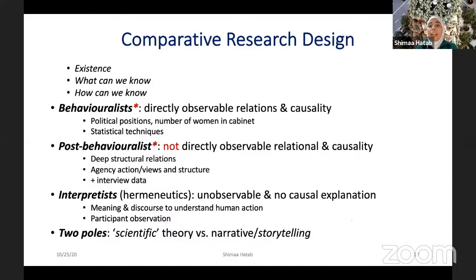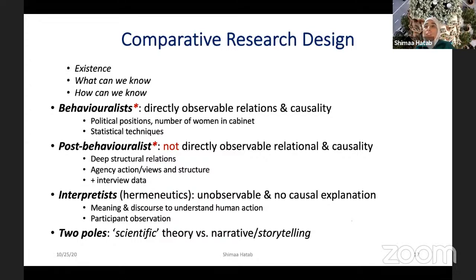They don't believe at all, despite there being no coherent camp among interpretists, but they do believe that there is no objective knowledge. You cannot derive any objective knowledge through empirical tests or through your own observations. So you cannot come up with a causal explanation, because not everything is observable. There are beliefs, meanings, and rules that you cannot observe.